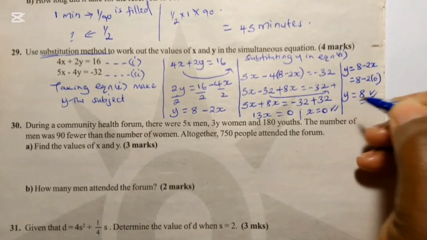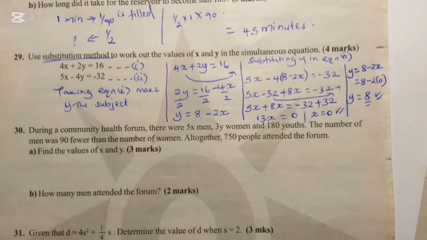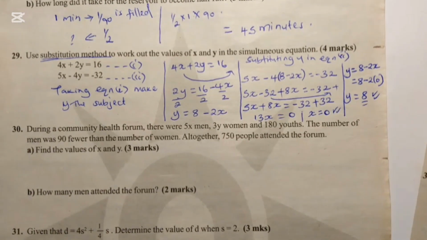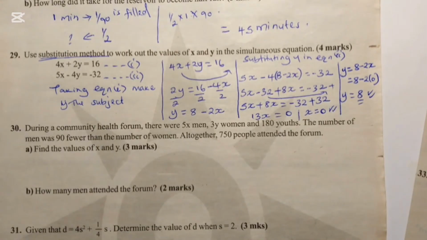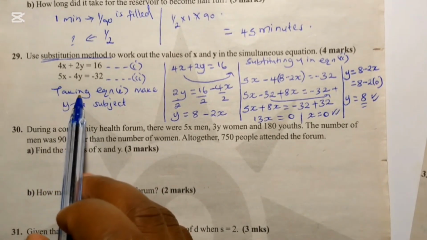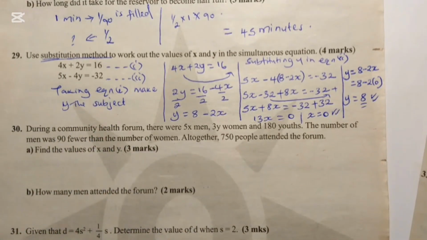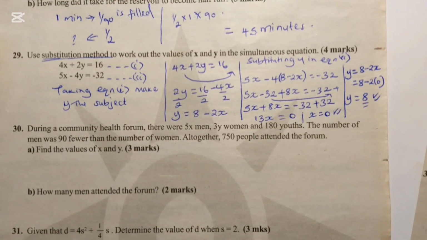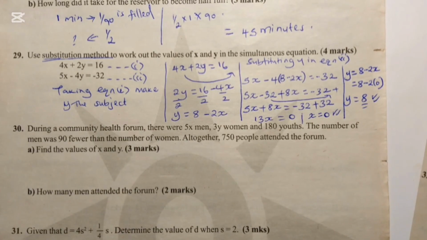So those are the values of y and x: y is equal to 8, x is equal to 0. It's not a must for you to make y the subject. In this case, you can also make x the subject, and by the end of the day, you're also supposed to get the same answer.